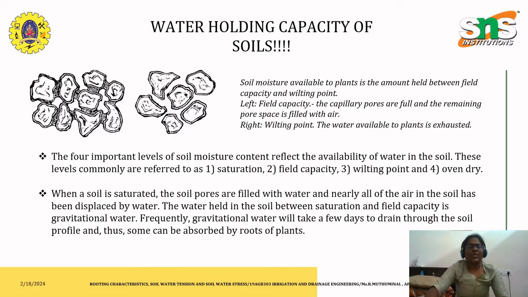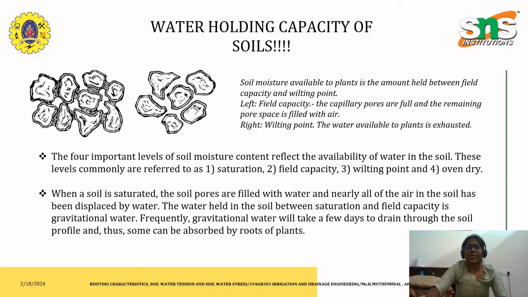Usually, the level of water available depends on four important levels of soil moisture content. The first one is saturation, the second one is field capacity, the third one is wilting point, and the fourth one is overdrive.